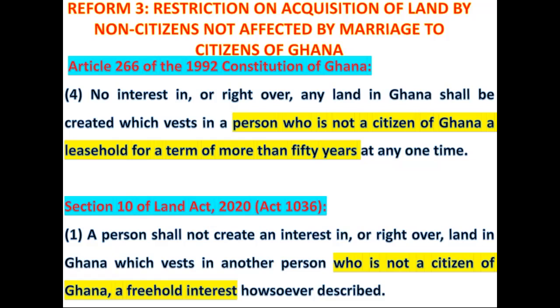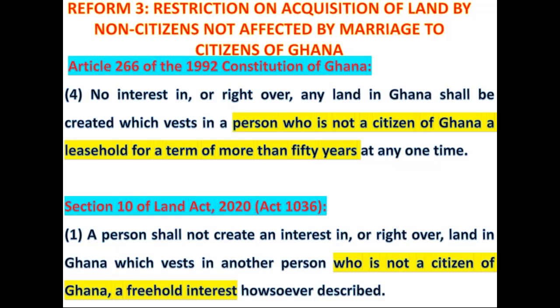But you notice that there are some people who are not citizens who are aware that for a foreigner, you can't acquire a leasehold for more than 50 years at any one time, and you can't acquire a freehold interest. These people will go ahead and just marry a Ghanaian, so that once they marry a Ghanaian, they can acquire some rights as citizens of Ghana and use that as a basis to acquire a freehold or a leasehold for more than 50 years.